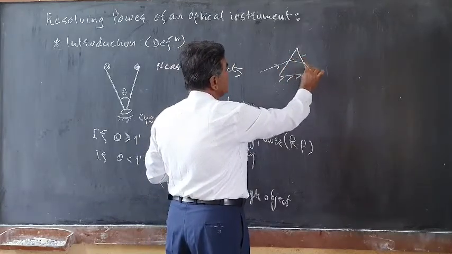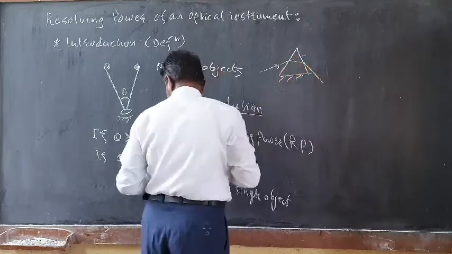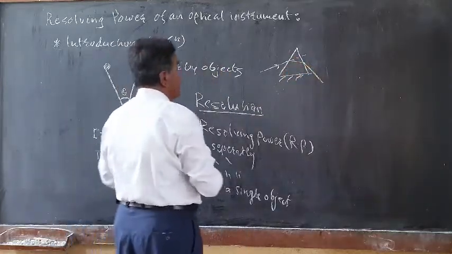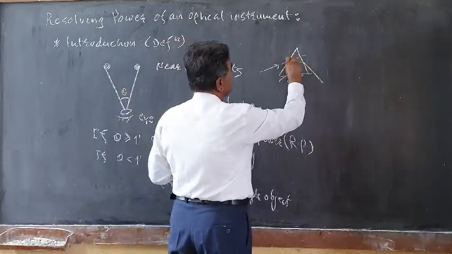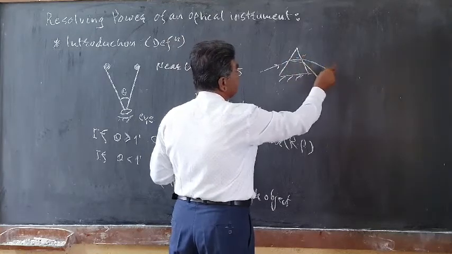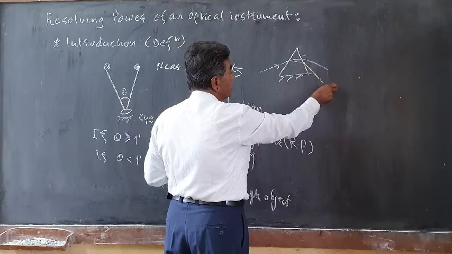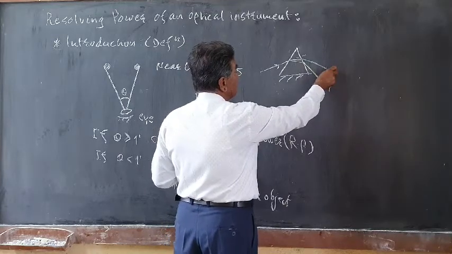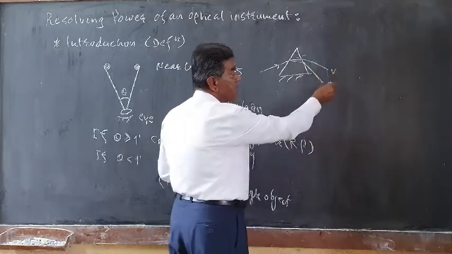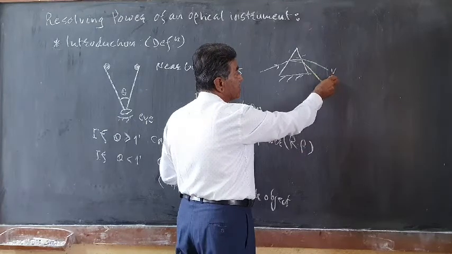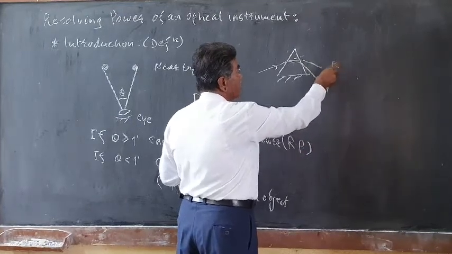Suppose this is yellow, and lastly we are getting the violet color. In between, we are getting the different colors, red of course, and so on.